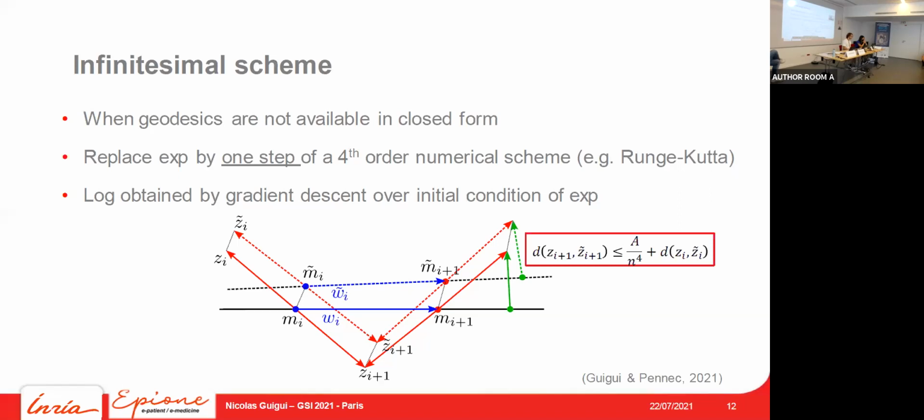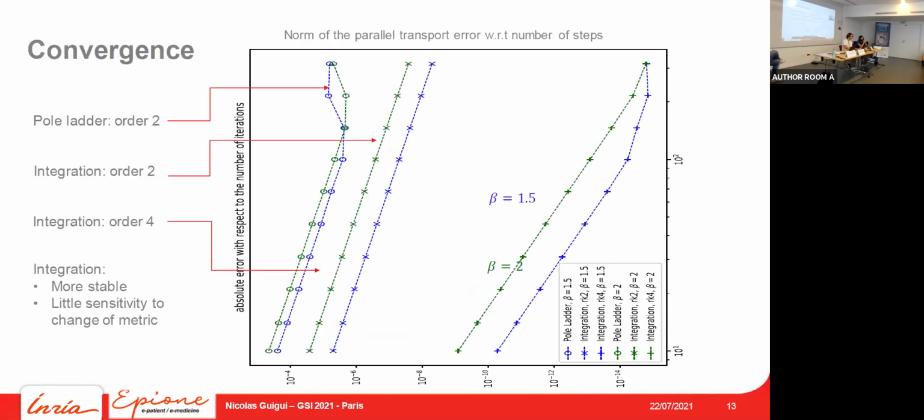And the pole ladder also works in this setting, where we replace the exponential map by one step of the numerical integration scheme, and the logarithm by an approximation of the inverse of this numerical scheme. So gradient descent over the initial condition of the exp that is only one step of the fourth order numerical integration scheme. And in this case, we've shown in previous work that the error of the pole ladder is controlled, and pole ladder still converges with quadratic speed.